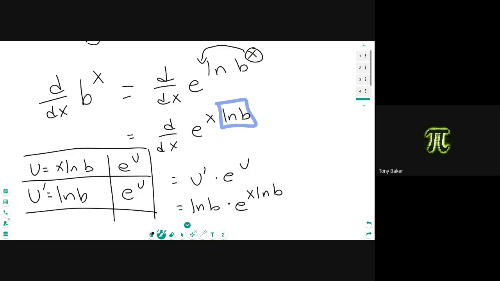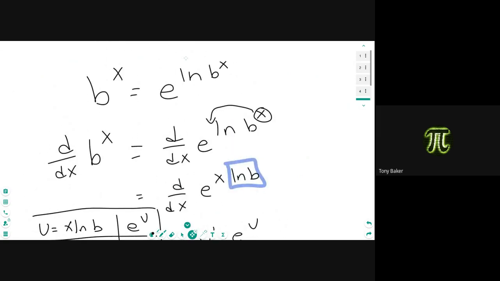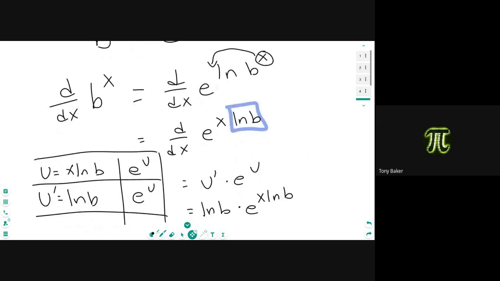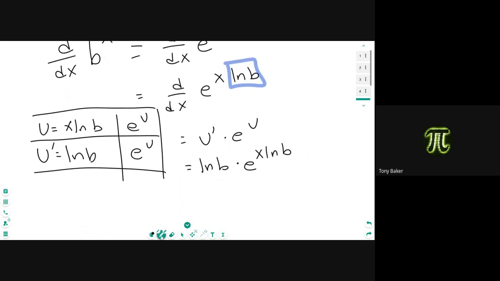That could also be this, ln b to the power of x, following what you were showing before, on the previous slide where x goes up. Yeah.